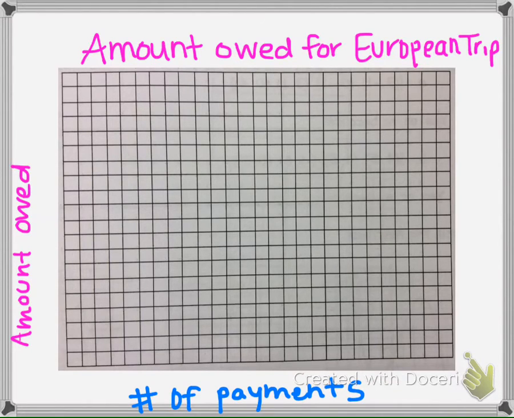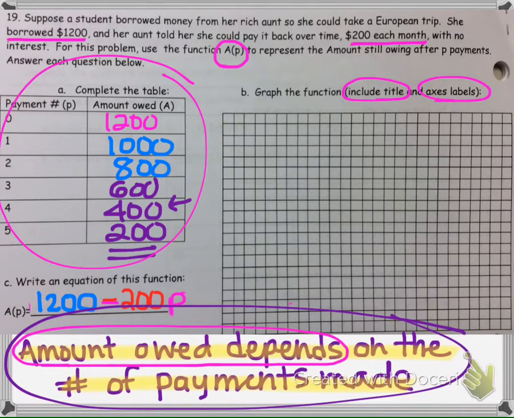We also know that because in our equation, p is always the independent variable, so it's always the one that we graph on the x-axis, or the horizontal axis, whereas A, the amount owed, is all by itself here. This one goes on the vertical axis. That's another way we know.